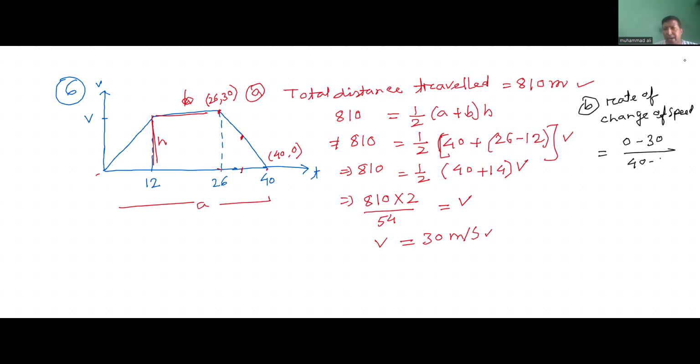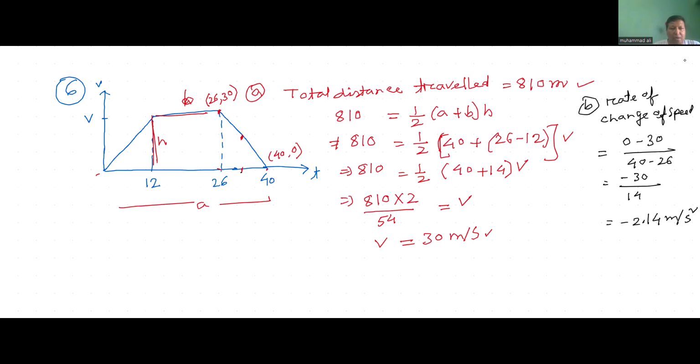So we get minus 30 divided by 14. Finally we get minus 2.14 meter per second square. So the rate of change of speed is minus 2.14 meter per second square. So part B is completed.